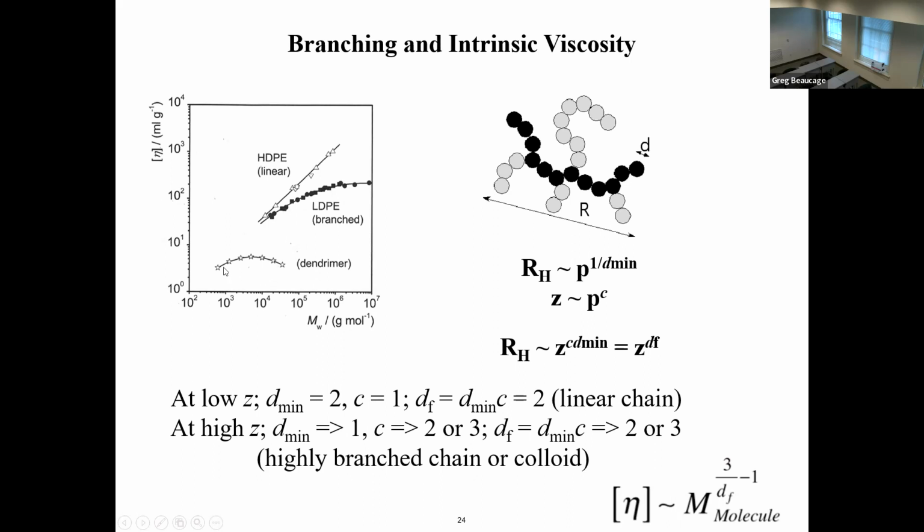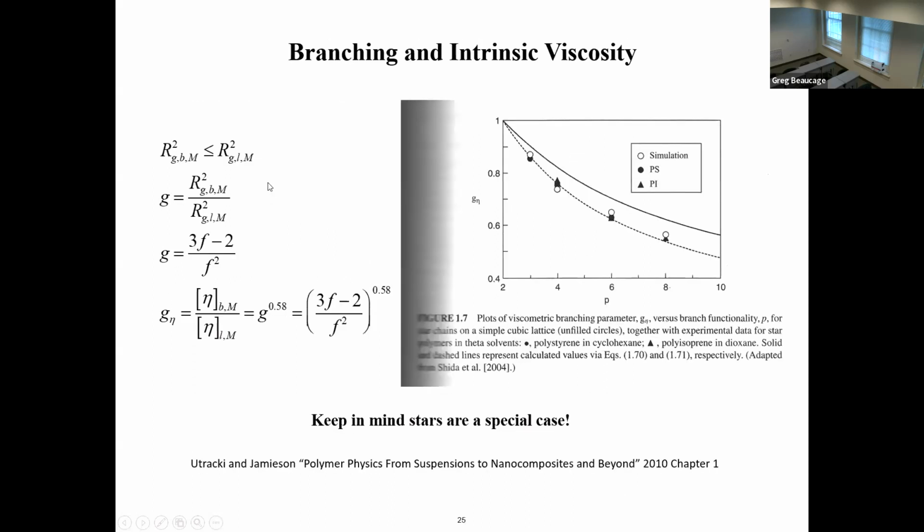It's difficult to predict the dendrimer behavior. That's complicated, like why it changes into solid spherical beads at high molecular weight. At low molecular weight it's more like a linear polymer, so you can see it's matching a linear slope, and then it basically goes to beads at high molecular weight.